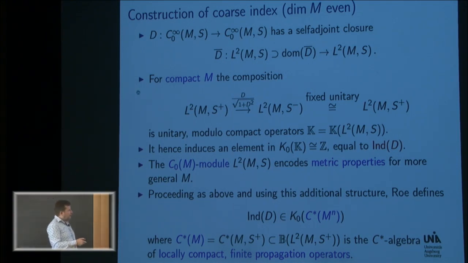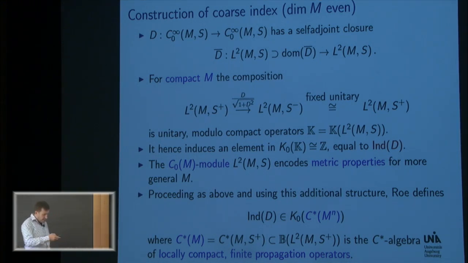For example, we can take this real valued function, x over the square root of 1 plus x squared. That's an odd function which approaches -1 and +1 when we go to minus and plus infinity. This gives us a bounded operator because we make the spectrum bounded.